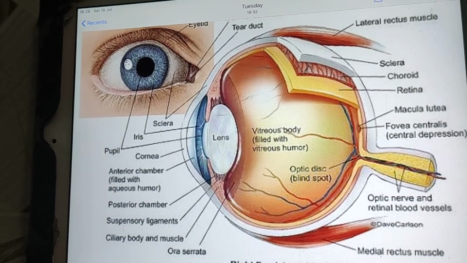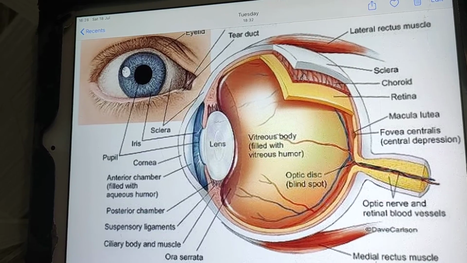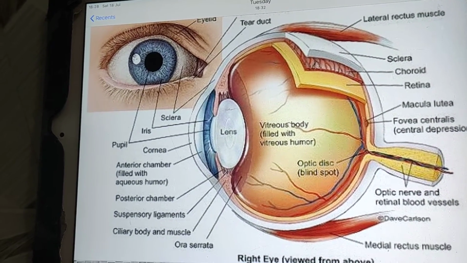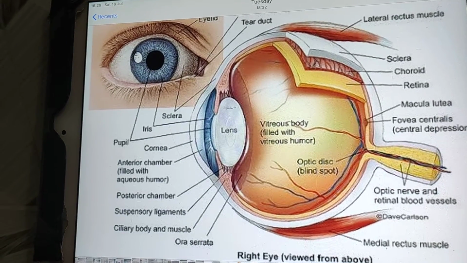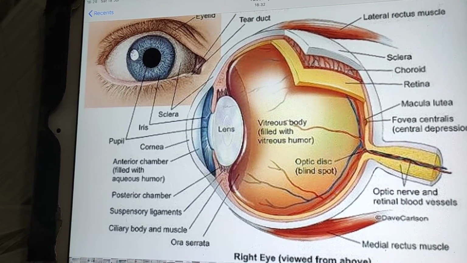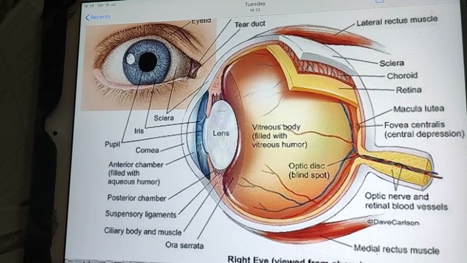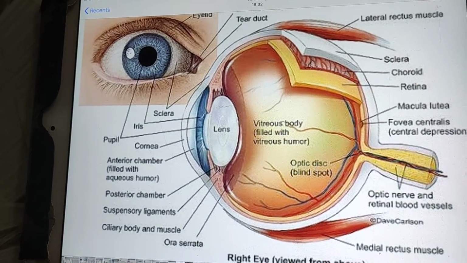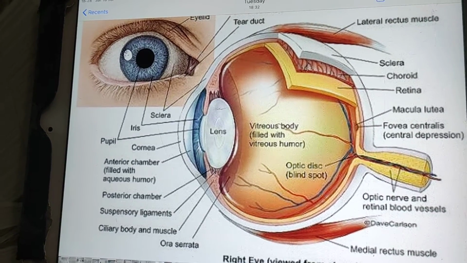You know, human eye is a complex optic instrument. Why do I say complex optic instrument? Because it is called an instrument because human eyes are camera type eyes. It can be compared to a camera. Why?